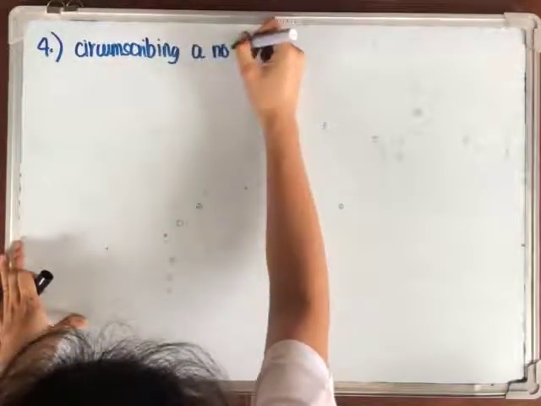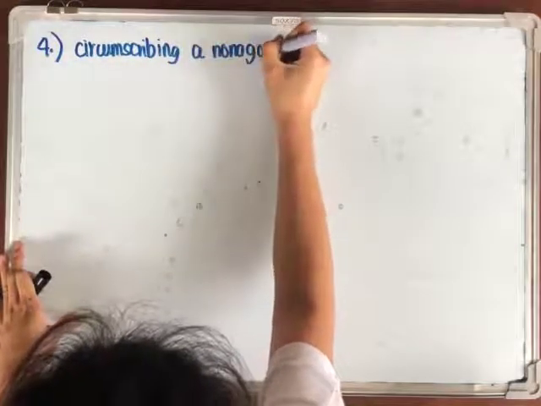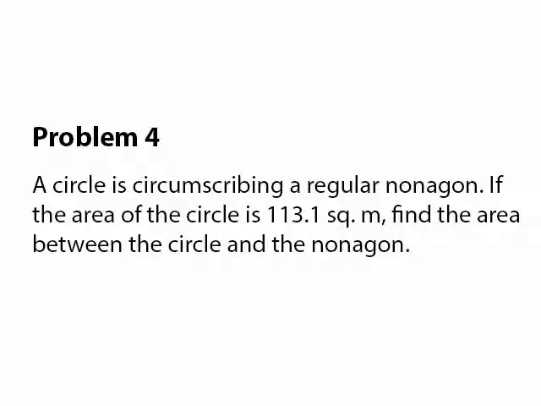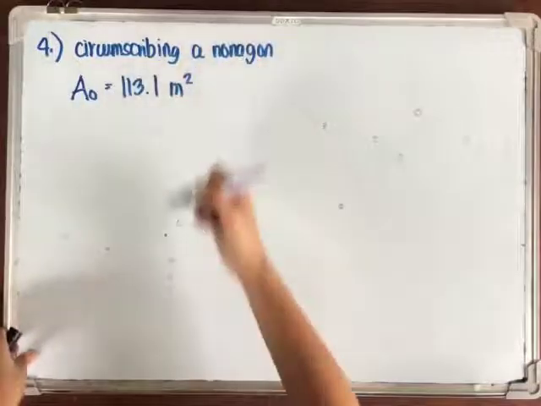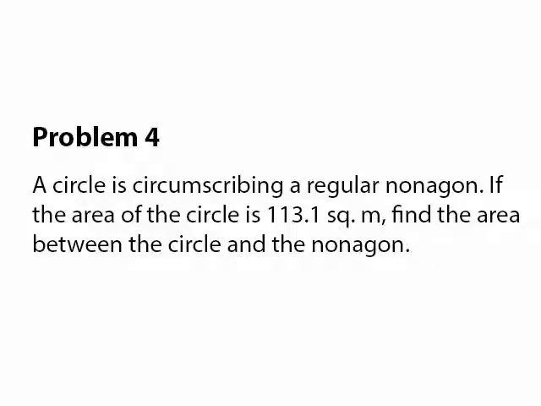And then, if the area of the circle is 113.1 square meters, determine the area between the circle and the nonagon.